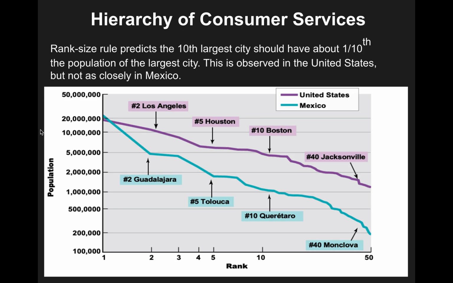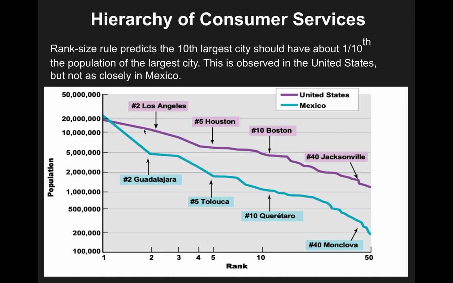Here's a look at the rank size rule. We can see that Los Angeles is the number 2 city here. Whereas Los Angeles is about 12 million, New York City should be up here.